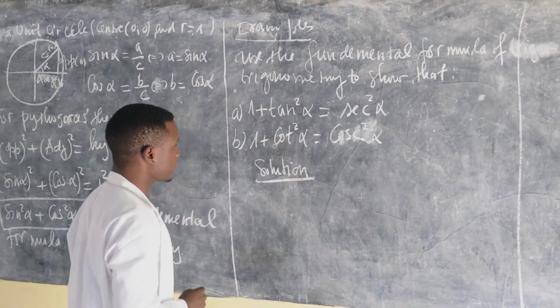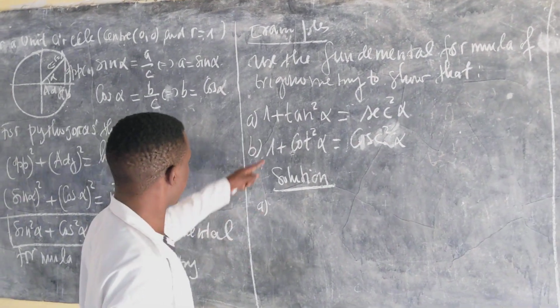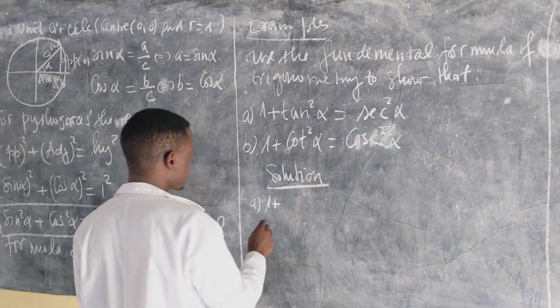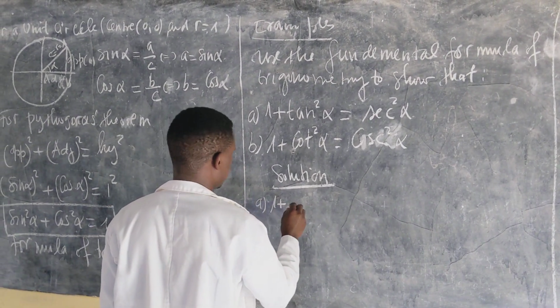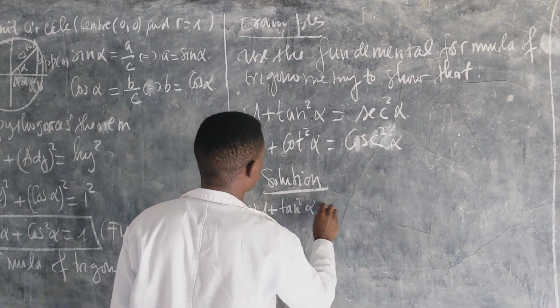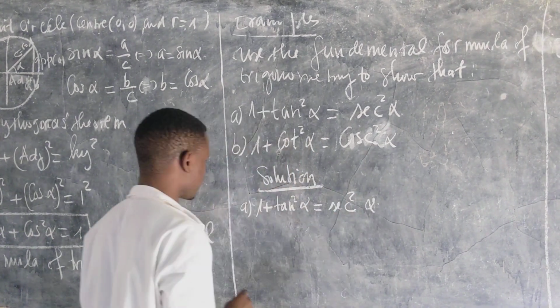Solution A, to show that 1 plus tan square of alpha equals sec square of alpha.